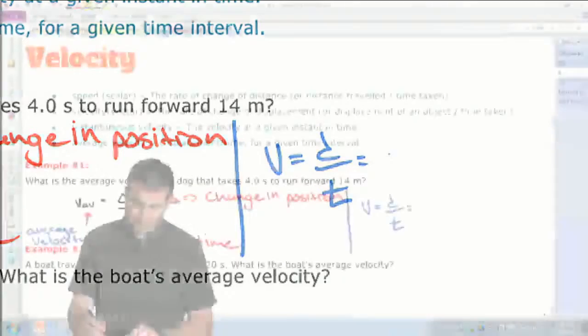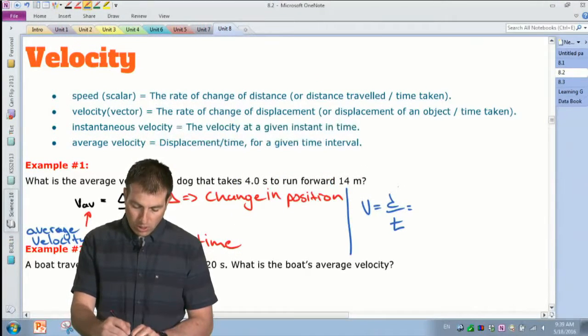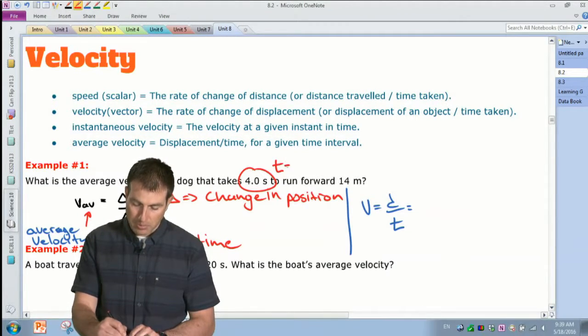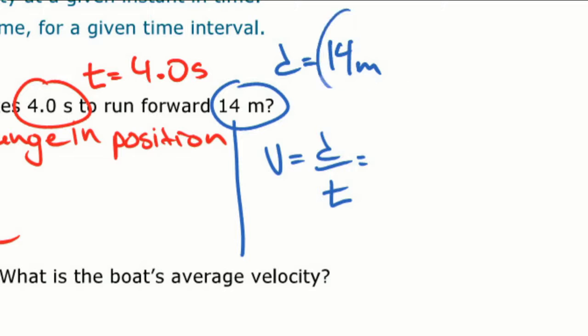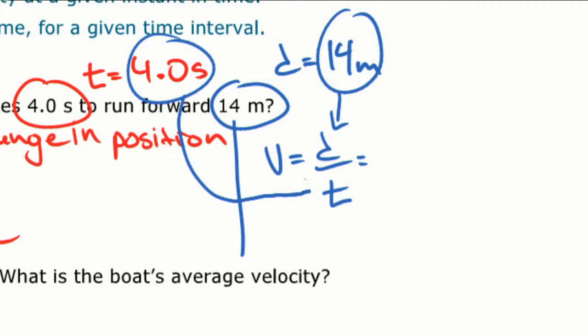So how far did the person go? Well, what do I know from the question? I know that this person took 4 seconds, so that means time is equal to 4.0 seconds. And I know that the person ran forward 14 meters. So the distance is 14 meters. So what am I going to do? Well, I'm going to plug in the distance is 14 here for the D. I'm going to plug in time was 4 seconds for the T. And then I'll continue on from there.